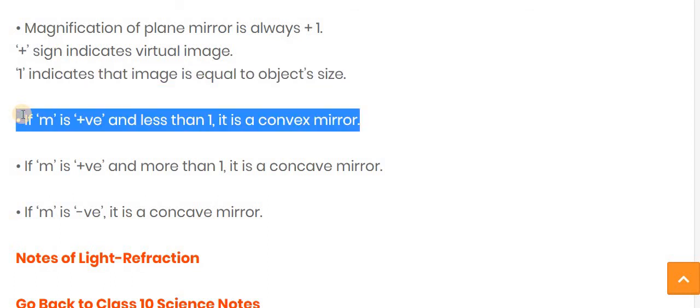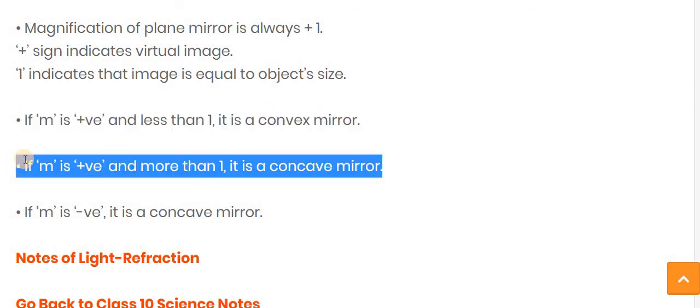Now if m is positive and less than 1, it is a convex mirror. If I say that m is positive and less than 1, for example positive 0.25, then they ask to identify the mirror, the answer is convex mirror.